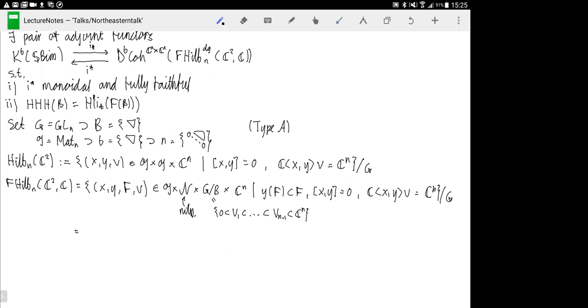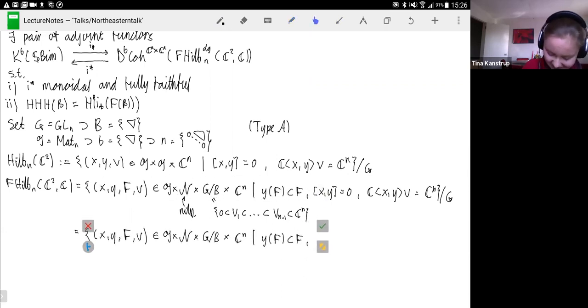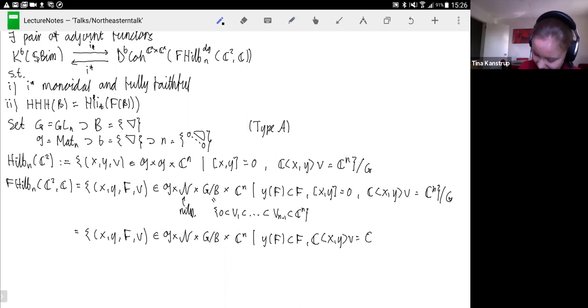Okay, so this is a very singular space, and the way people usually deal with very singular spaces of this form is they want to derive them. So maybe I should rewrite this in a different way.